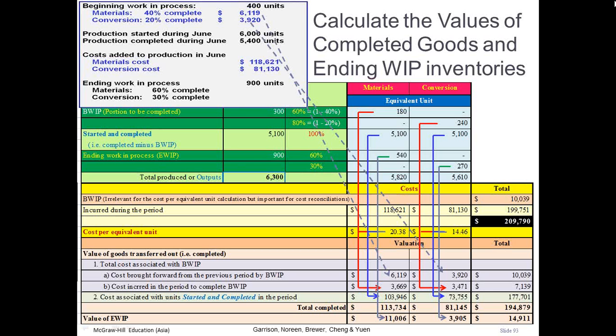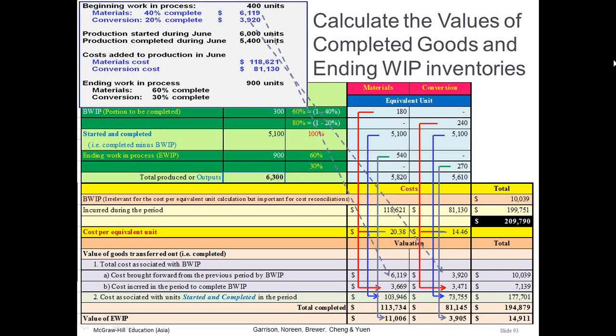This concept applies to both materials and conversion columns in order to form a complete picture with the full cost associated with beginning work in process, which is $17,178, which is the sum of $10,039 and $7,139.